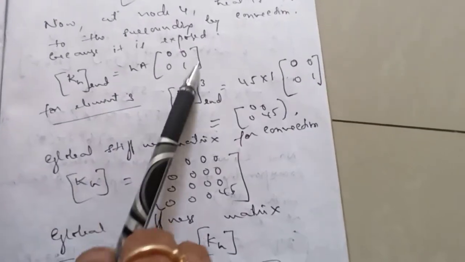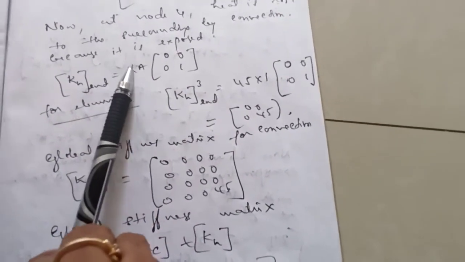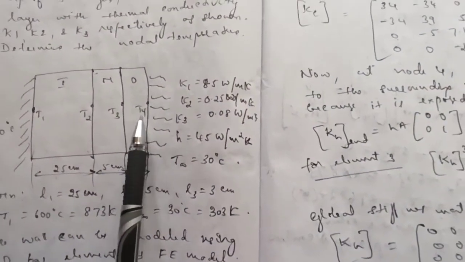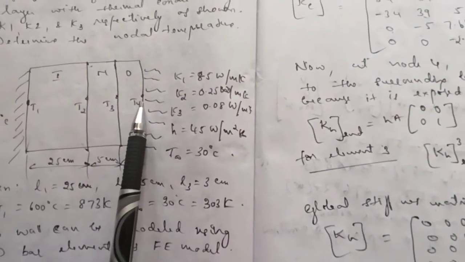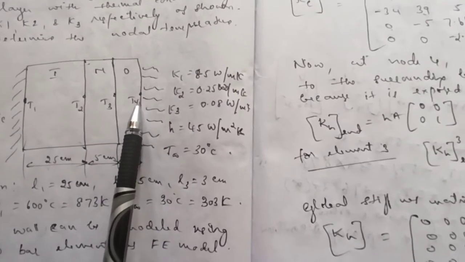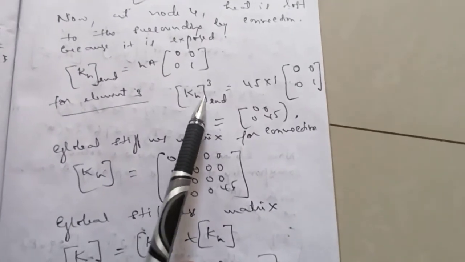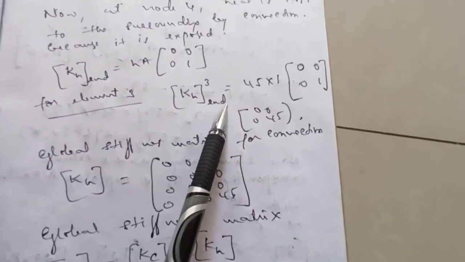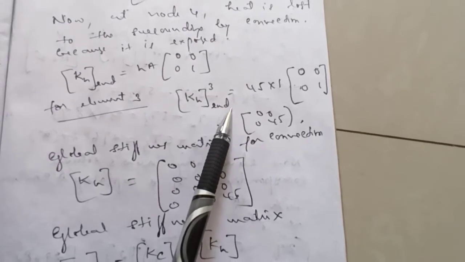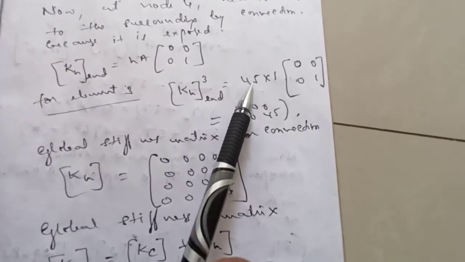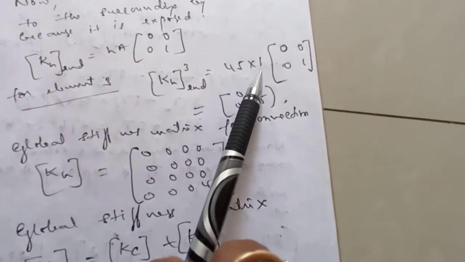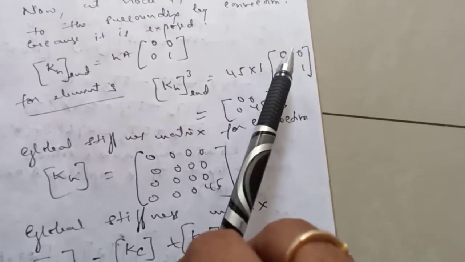So this will be found out only for the last element, because here we can see the heat loss to the surrounding only at the outer layer, that is for the last element, that is the third element. So for the third element, the KH value, that is the stiffness matrix for convection at the end, is found out, that is H is 45 given, A we have assumed as 1, [0 0; 0 1].